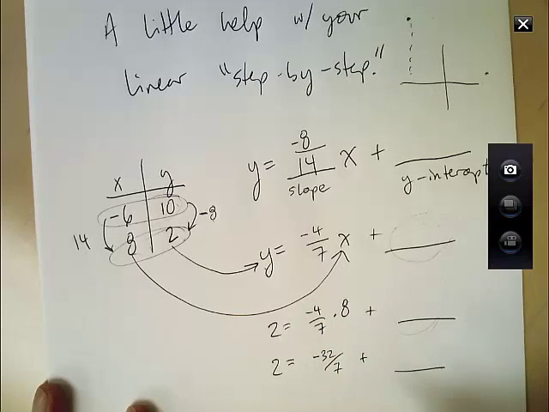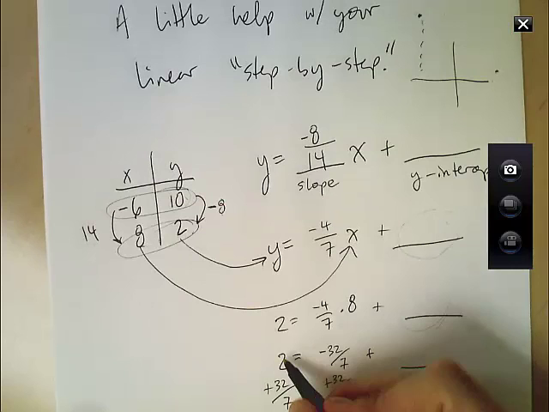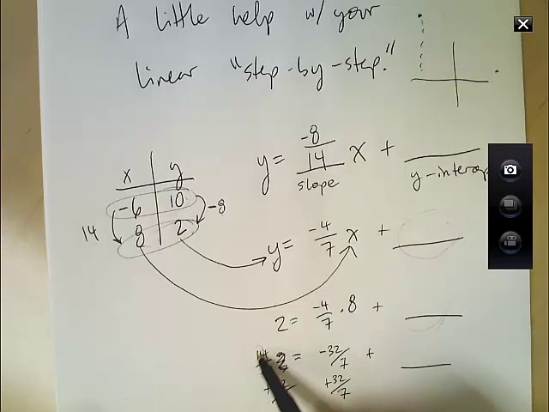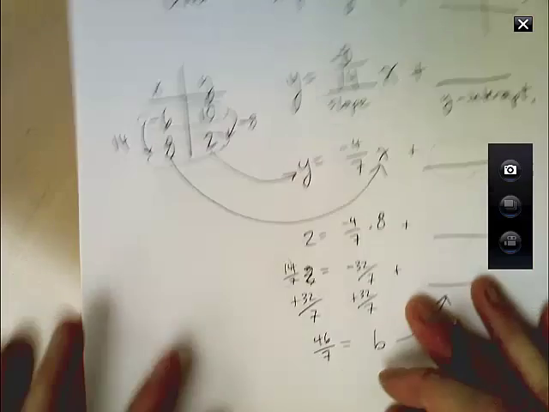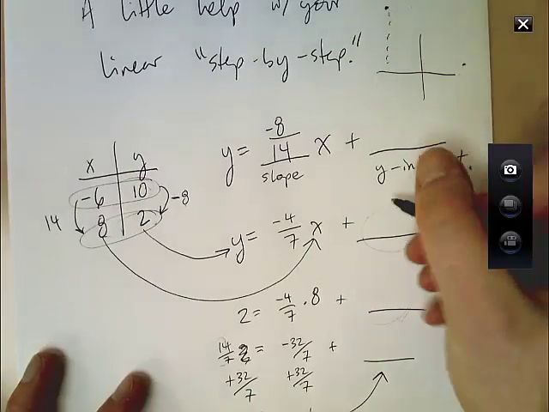So we wind up with -32/7 plus something, and we still want to solve for that something, so we could add. I'm going to convert my 2 here into 14/7, right? 14/7 equals 2. So I'm going to add those and get 46. So 46/7 equals b, my mystery number.